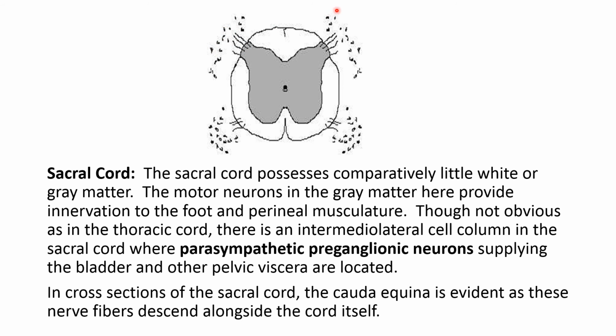But we do see some of the fibers that are traveling next to the cord that will form the cauda equina. And there is some minor elevation of this gray matter right here to represent the preganglionic parasympathetic neurons supplying bladder and pelvic viscera.